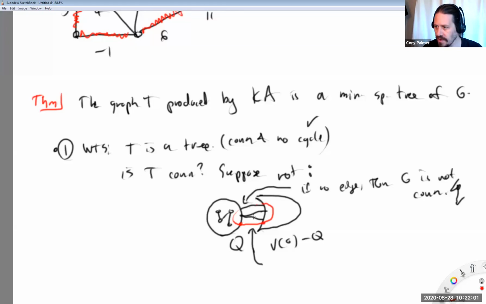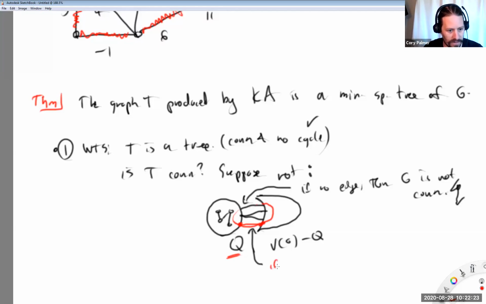But I just said there was no edge across here in my T. I'm just claiming that if I can't add this edge, it means that there's an edge present here. But that's a contradiction to the setup, the picture I made here. Q was a component. This edge should be part of that component.